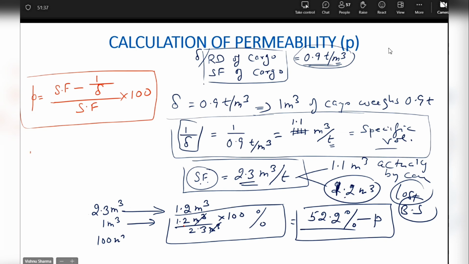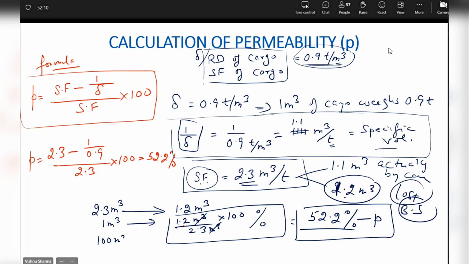So if I put here, stowage factor was 2.3, 1 by density, 1 by 0.9, divided by stowage factor into 100, it will give you the same 52.2%. So this is the formula you can directly use for calculating permeability if you are given the density or RD of the cargo together with its stowage factor, and the permeability is not directly provided in the question.